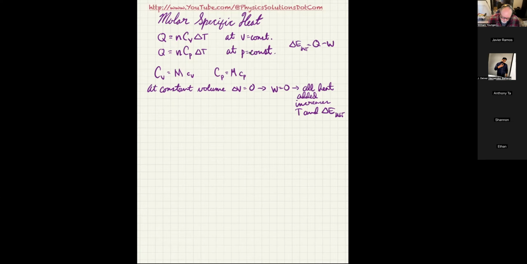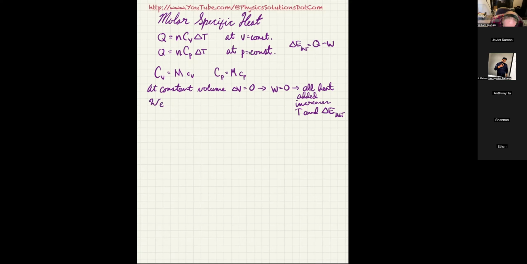Whereas when you have it at constant pressure, then you can actually do work. So some of the heat goes not just to the internal energy and the temperature, but also to the work done. So that's why you'd expect in general C_P is going to have to be larger than C_V.